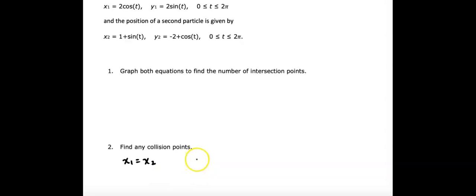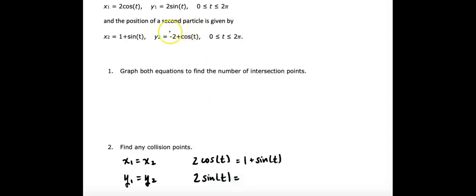All right, this gives me my first equation: x1, which is 2 cosine of t, being equal to x2, which is 1 plus sine of t. And the same logic applies for my y values. My y1 must equal my y2 if a collision is to occur, meaning that 2 sine of t is going to equal negative 2 plus cosine of t.